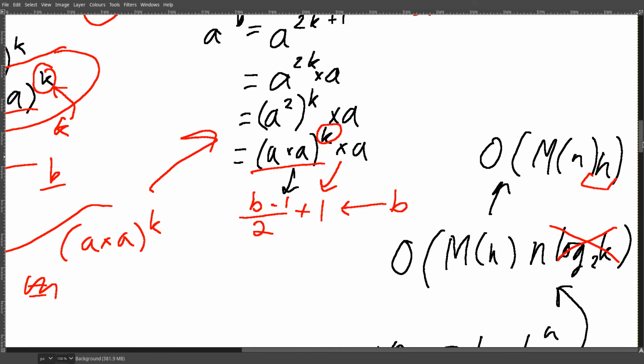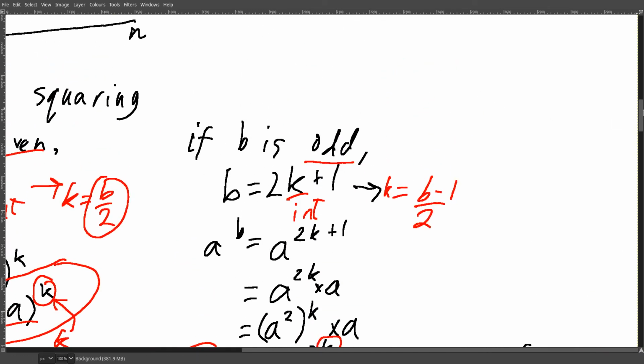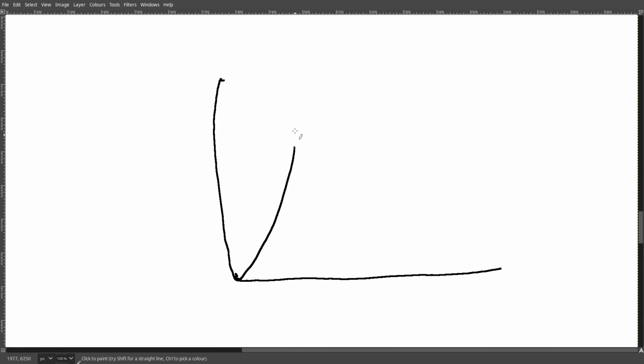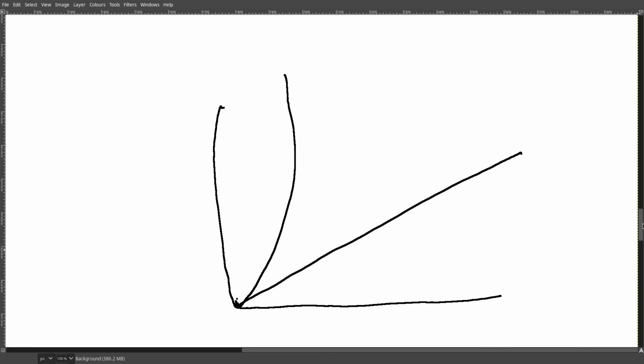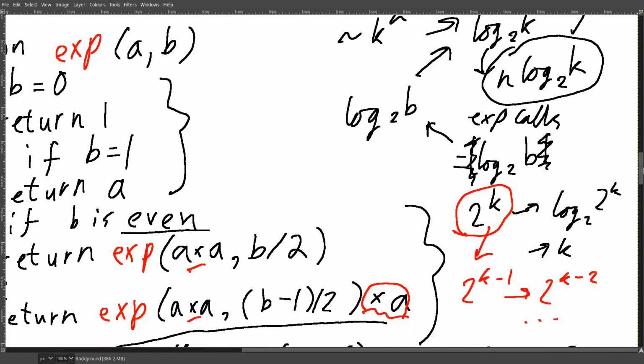So we have gone from this massively fast growing curve to something like this. And that is an insane improvement. That's a very real improvement of time complexity.